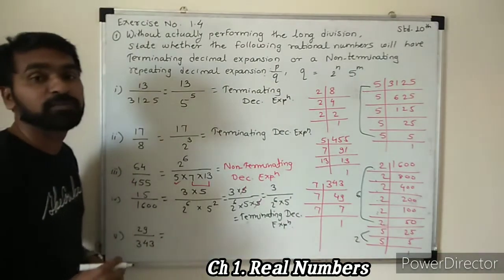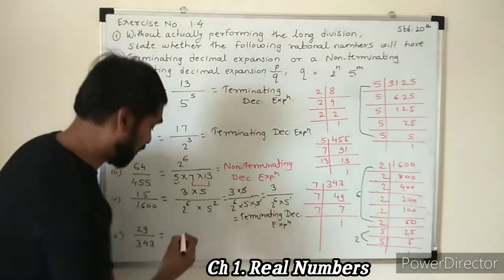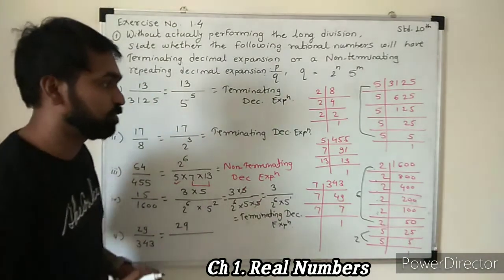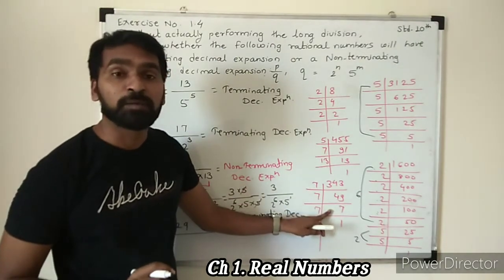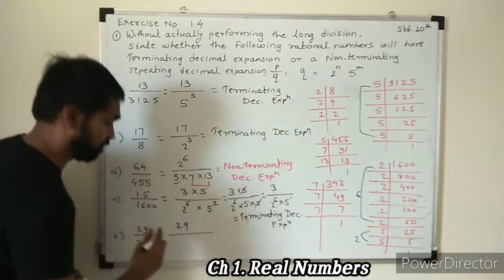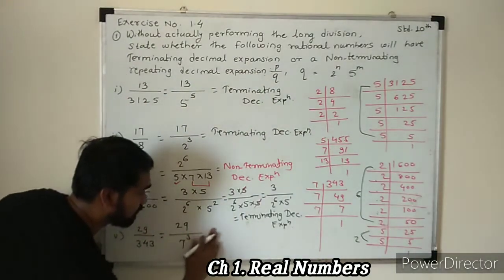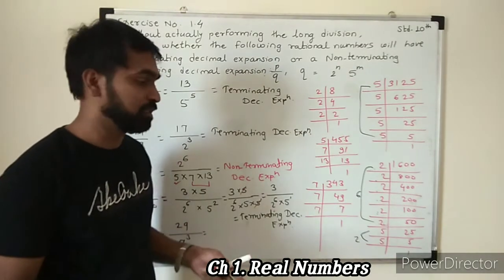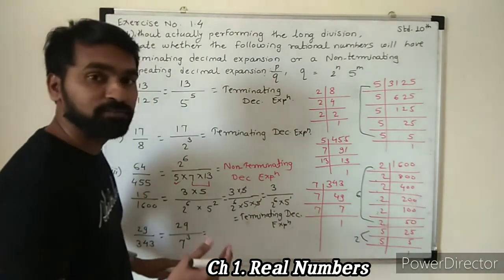Now see one more example, that is fifth number example. 29 upon 343. 29 is a prime number. So here you write the same number, that is 29. Next 343. Here already find the factors. 7, 7, 7. Here 3 times 7. So 7 raised to 3. Now here 7 raised to 3 is another number. Right? So 2 and 5 is not there.